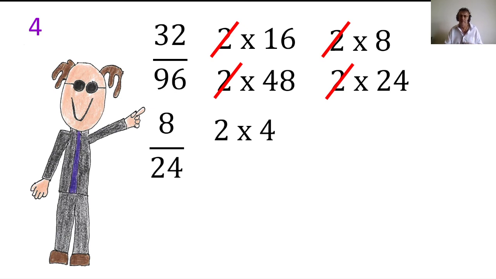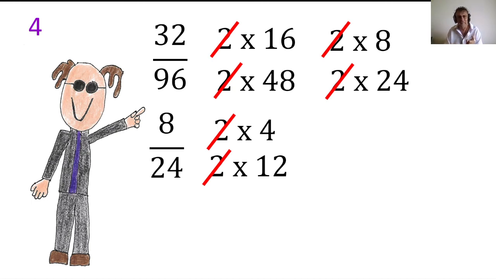Factor 24 means divide by 2, 2 times 12. Any common factors? Yes, teacher, 2 and 2. So we cancel both out. Got it? So we've gone from 32/96 to 16/48 to 8/24 to 4/12.